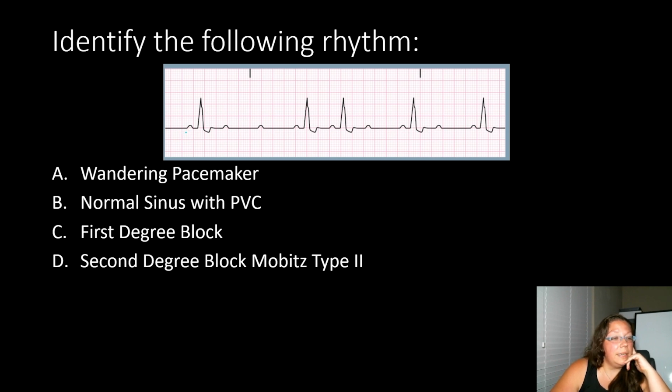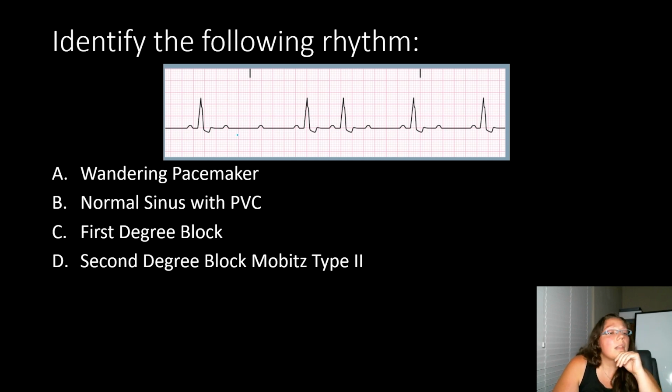We have P waves, right? P wave, P wave, P wave, P wave. Oh, it's late because it just clicked in my brain. I was double guessing myself. Okay. P wave, P wave, P wave, P wave, QRS, QRS, QRS, QRS. Does every P wave have a QRS? No. This P wave's missing one, this one's missing one, this one's missing one, and so is this one. All right, so P's are not getting through to the ventricles.